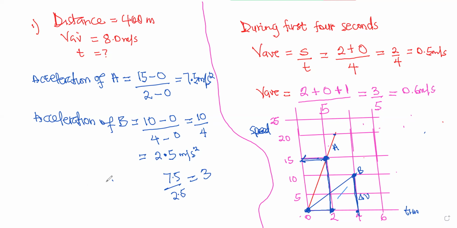Okay, sir. So because the ratio is this, we can say that the acceleration of A is 3 times the acceleration of B. Here the emphasis is on compared with the acceleration of object B. The acceleration of object A is 3 times that of B. If it's the other way around, then it would have been 1/3.